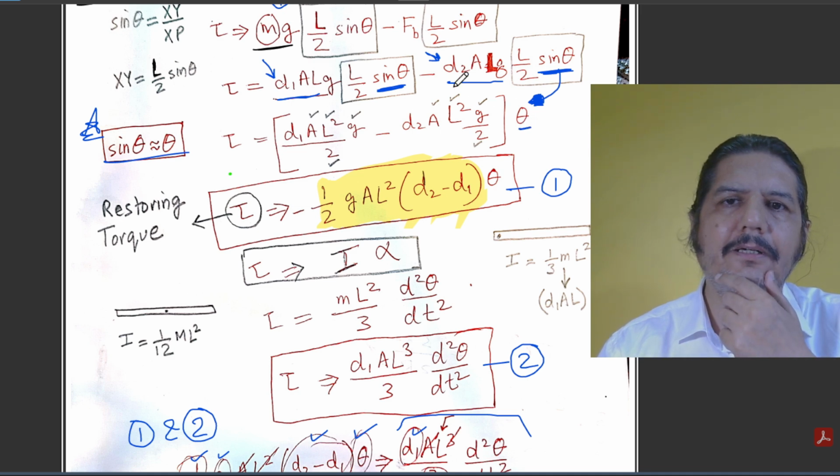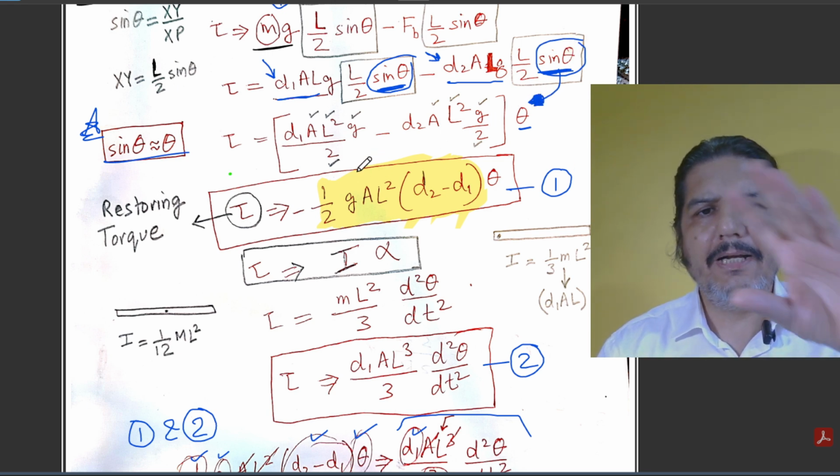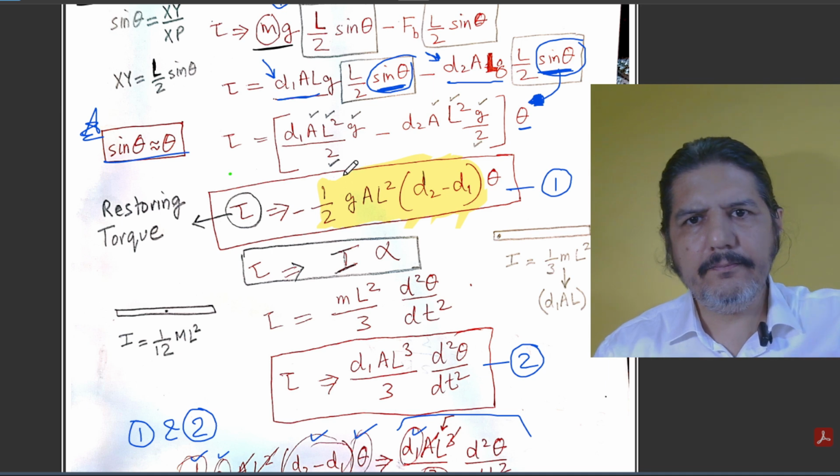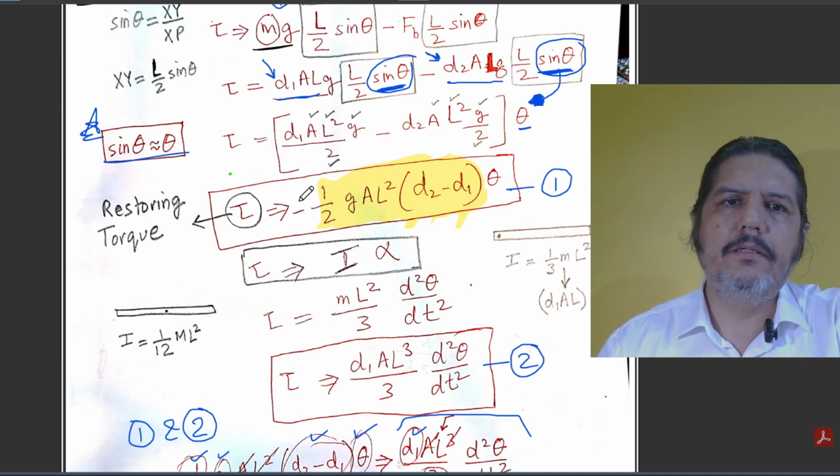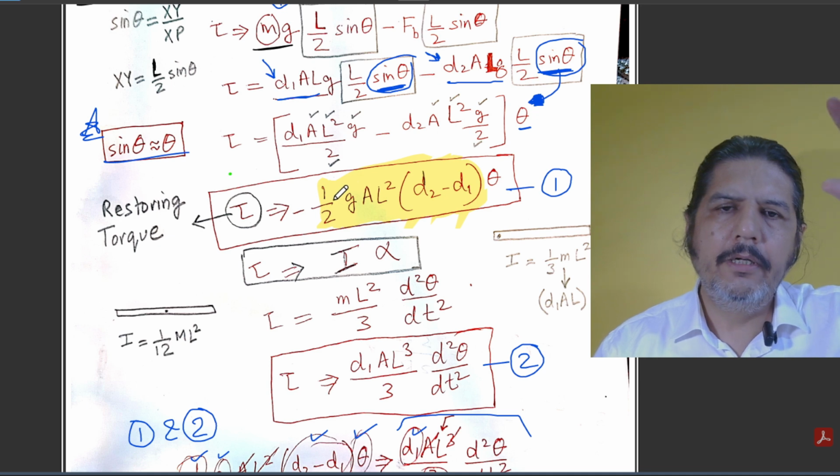So this sine theta, which is common in both the terms, will be taken out and replaced just by theta.